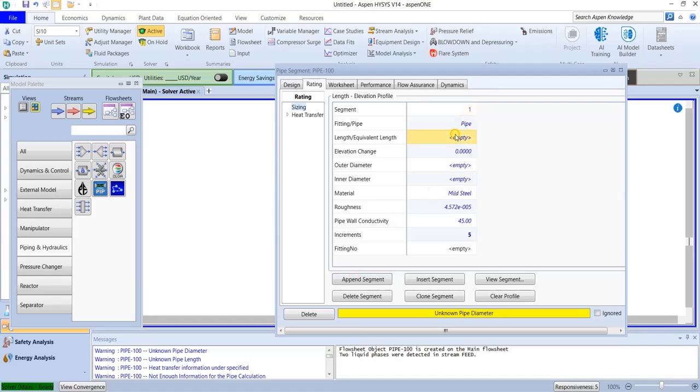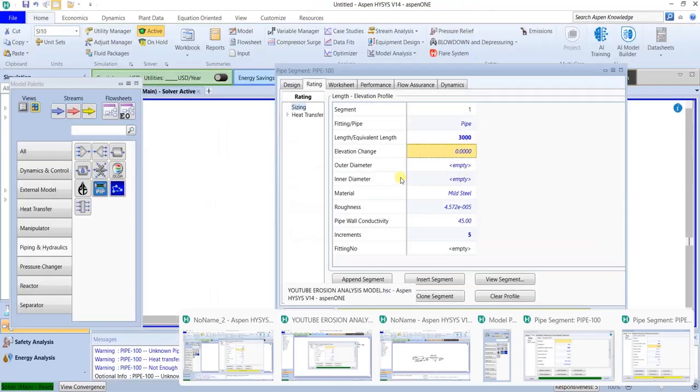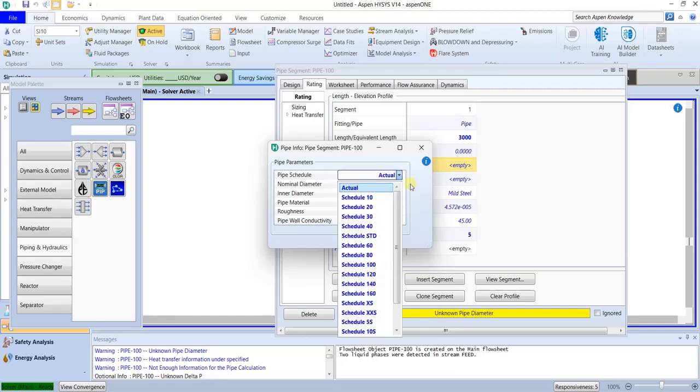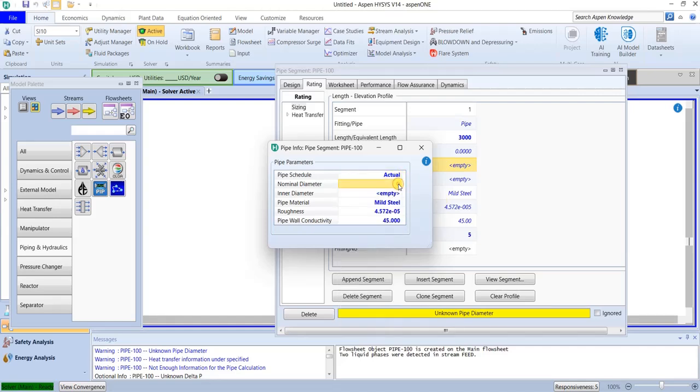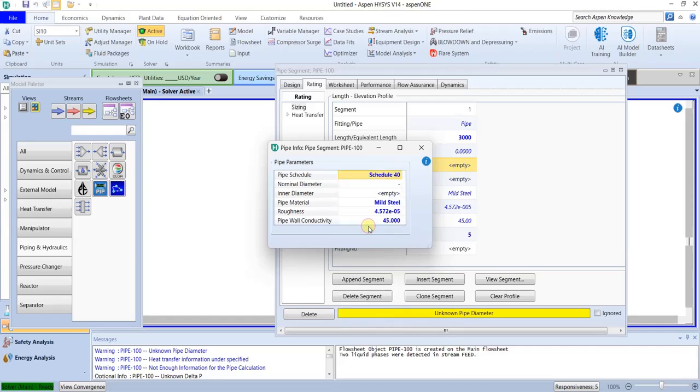So we have length is 3000 and elevation change is 0. Then we need the inner and outer diameter. So we have 323. Yes, so we pick, let me see. Okay, I think it should be schedule 40.